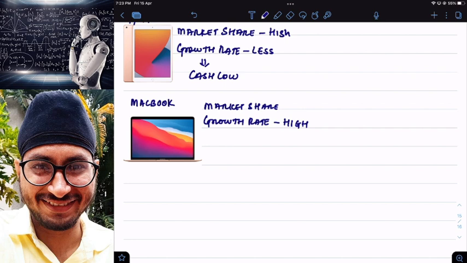Tell me, the most widely used operating system in the world is what? Is it Apple operating system or Windows operating system? It is Windows operating system. Very rarely we see a person using a MacBook. So can I say the market share of Apple is very less here? Market share of Apple is very less, but the growth rate of the laptop industry in future is very high.